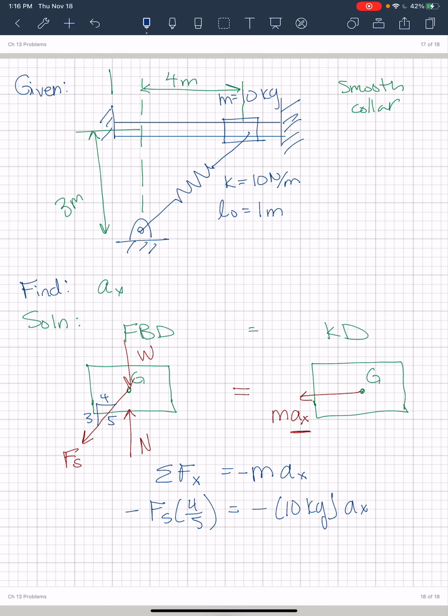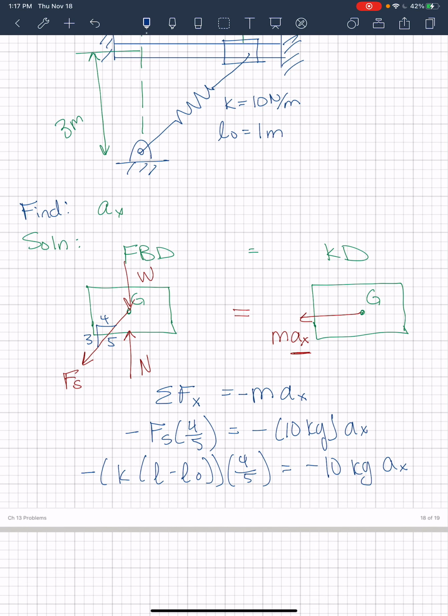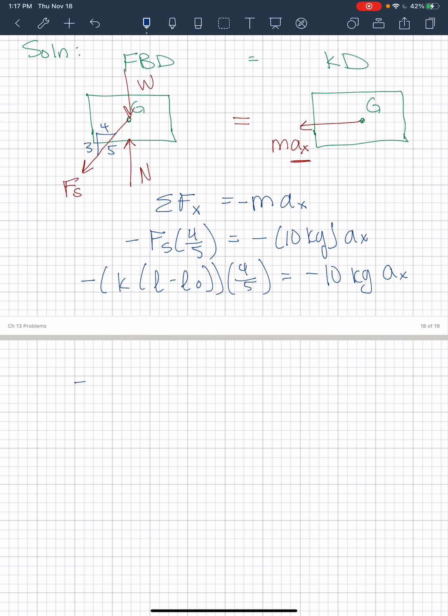The force of the spring we know is K times L minus L naught times 4/5. It's going to equal negative 10 kilograms times a sub x. They give us K is 10 newtons per meter, so negative 10 newtons per meter.